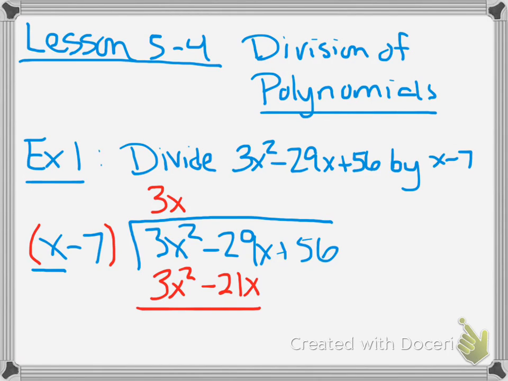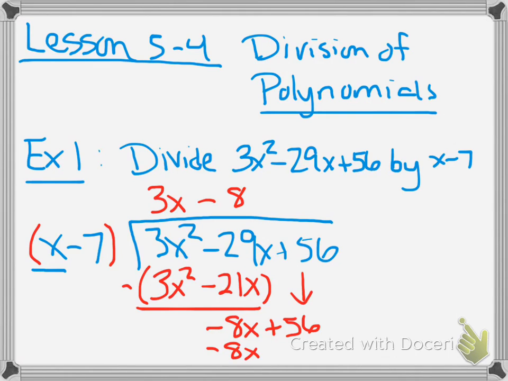And remember, in division we subtract, so I'm going to put a subtraction out here. So 3x squared minus 3x squared cancels. Negative 29 minus minus becomes actually plus, so that leaves us with negative 8x. We bring down the next term of 56. We ask ourselves, x times what is negative 8x, so that's negative 8.